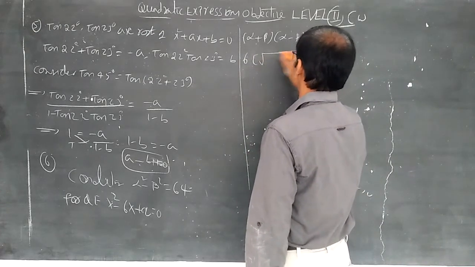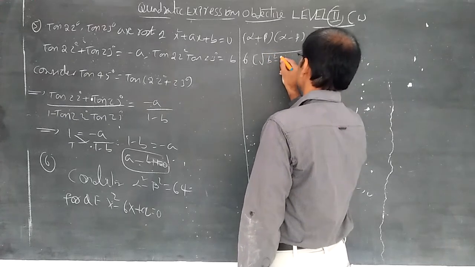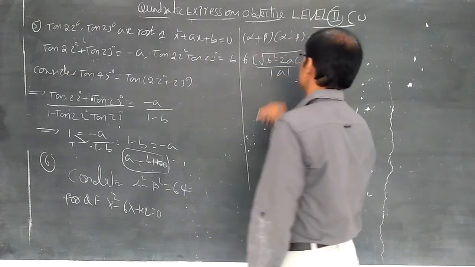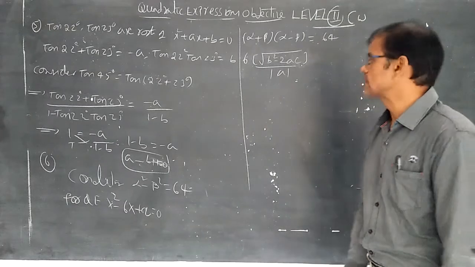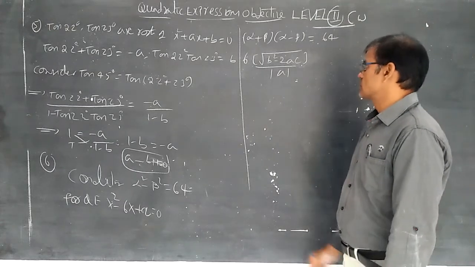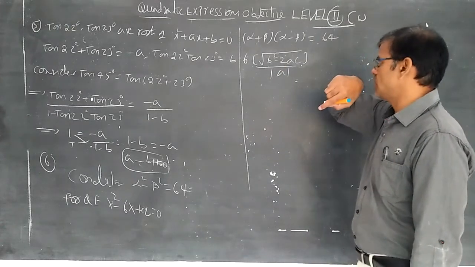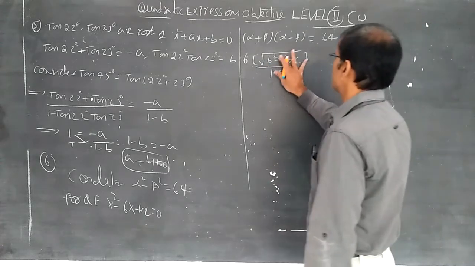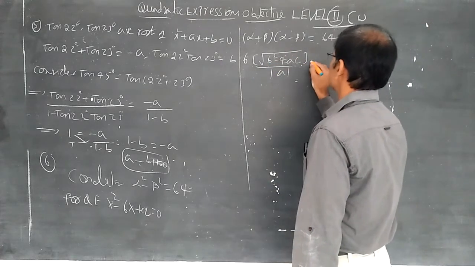Alpha minus beta, as I said in the previous class, remember the formula: root of b square minus 4ac by mod a. Alpha minus beta means the square root of alpha plus beta whole square minus 4 alpha beta, that is, b square minus 4ac.